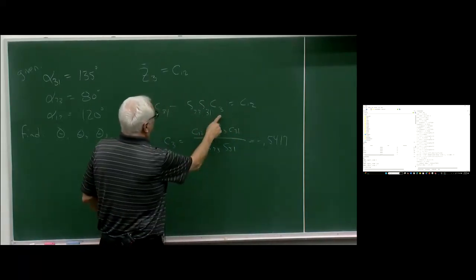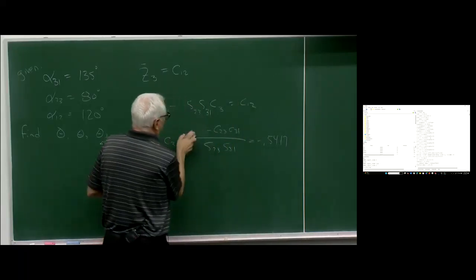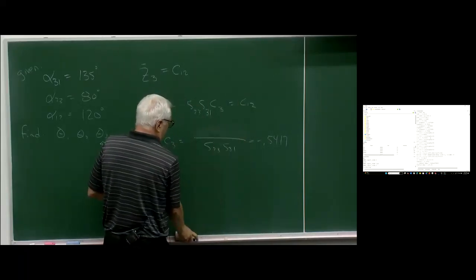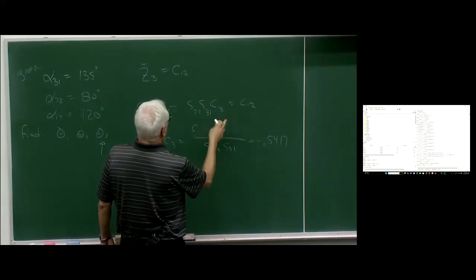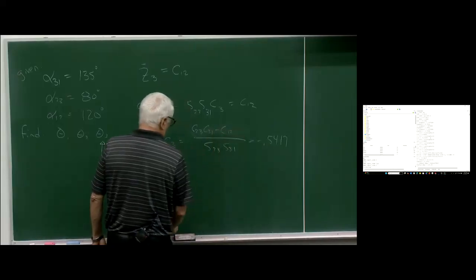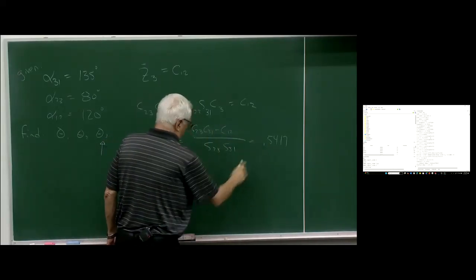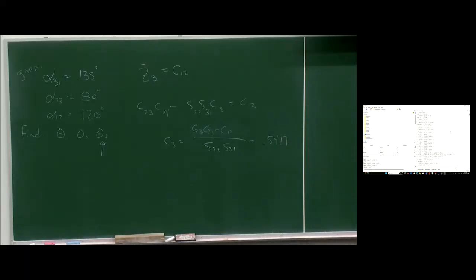When we solve for this, this could go to that side, this to that side. So thank you, thank you, thank you. So it's going to be C23 C31 minus C12, which should just take care of the negative sign. So let's go ahead and do that.